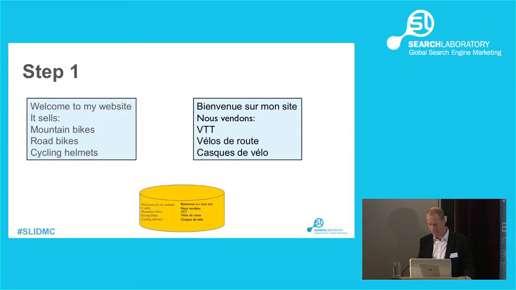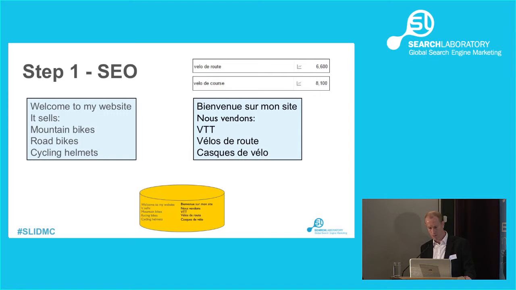And the French people at the SEO company say, hang on a minute, looking at the search volumes, Vélo de route, which is a good translation, is actually not as good as Vélo de course. So it's a road bike, this. And that is actually more search volume. It's actually a better term to use if we're trying to attract visitors to the website. So it's a better term. Same bike, but better term.